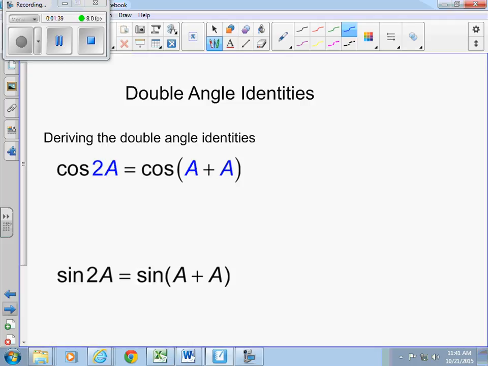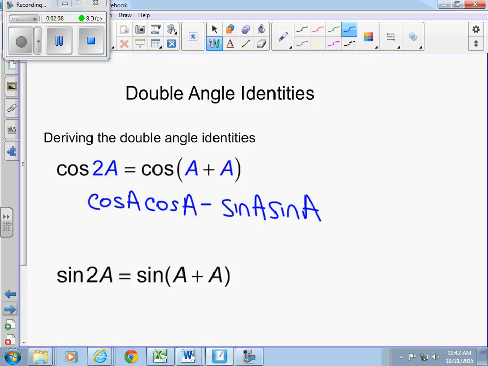Okay, so I want to know cosine of 2 theta. I want to derive an identity for that. So I'm going to use the sum identity. I know that I could break that up into cosine of a plus a, couldn't I? Which is cosine of a cosine of a minus sine of a sine of a, right?